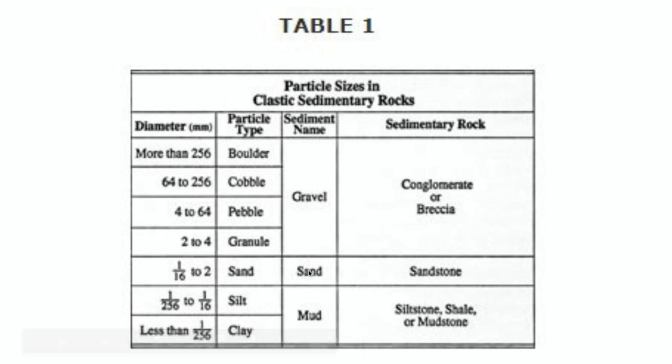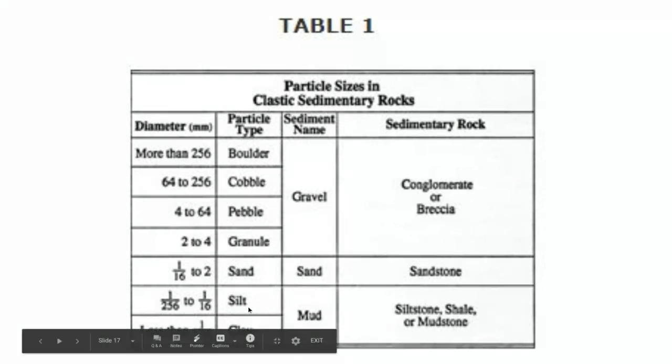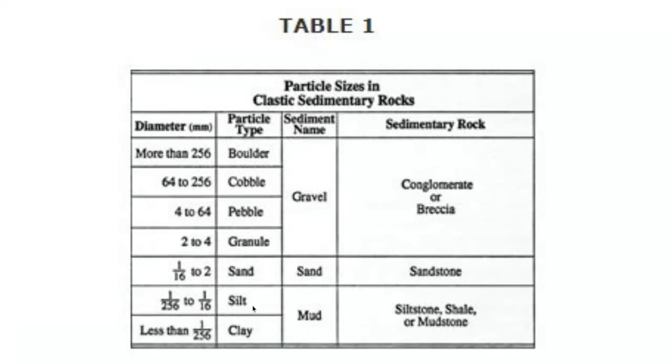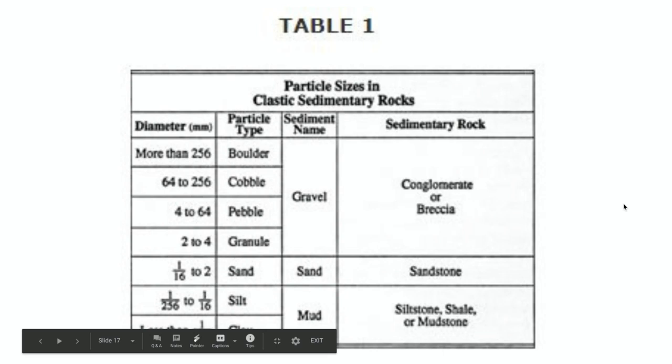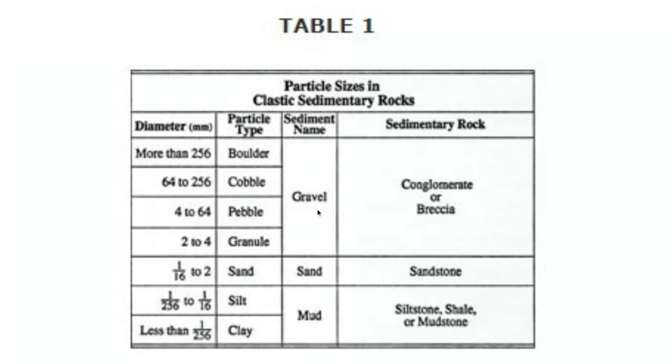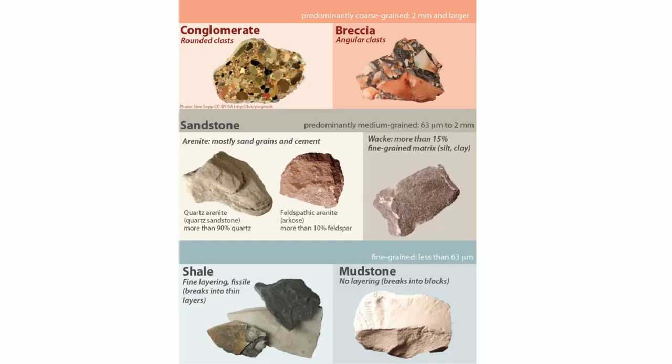If clastic sedimentary rock was made out of sand particles, we call it sandstone. And if it was made out of silt or clay, we call that siltstone, shale, or mudstone. So we can have a couple of different categories of clastic sedimentary rock, and that depends on the size of the sediments. Here we have them in picture form.